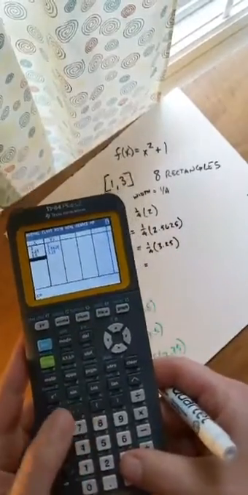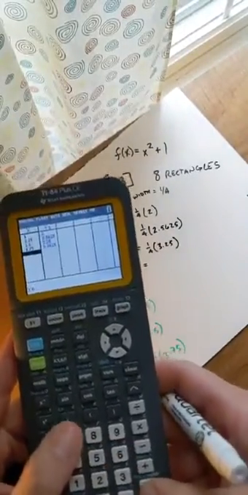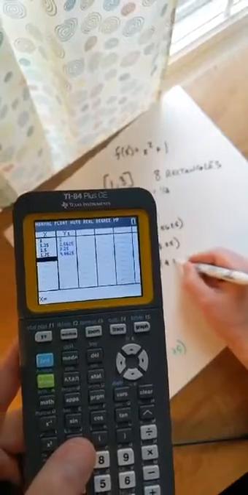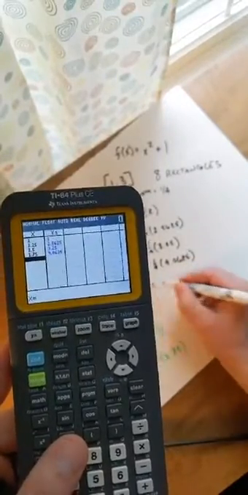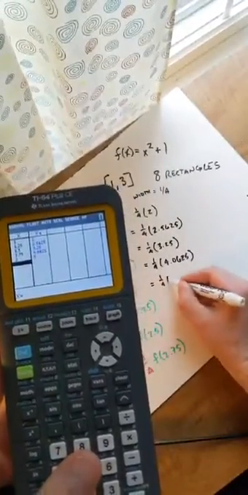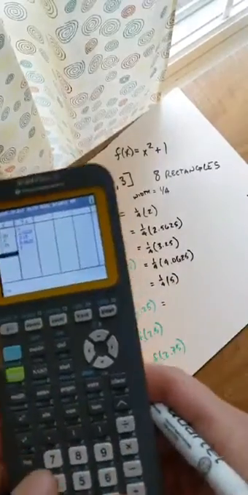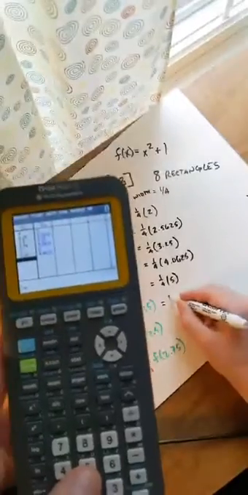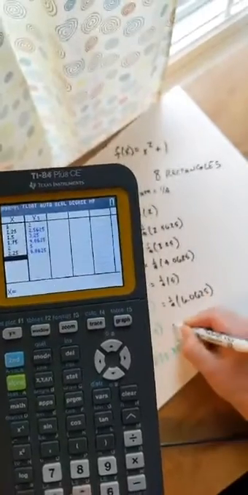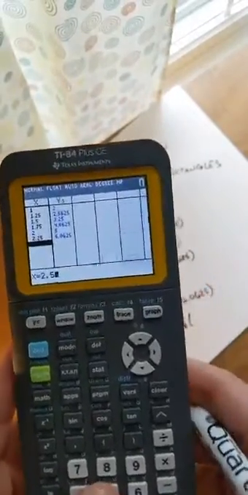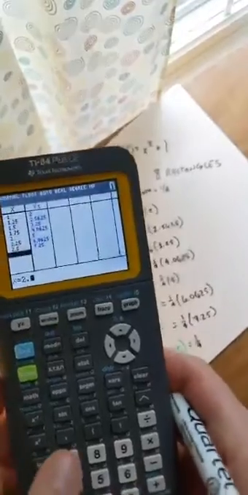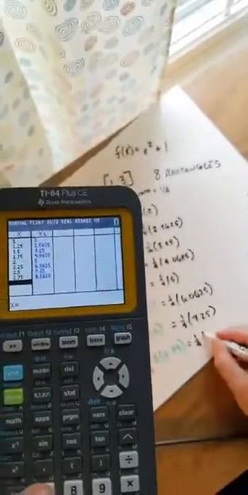And then, let's see, we got 1.75, 4.0625, and then let's see, we'll type 2 in, we get 5, and then we'll type in 2.25, 6.0625, 2.5, 7.25, and then 2.75, 8.5625.